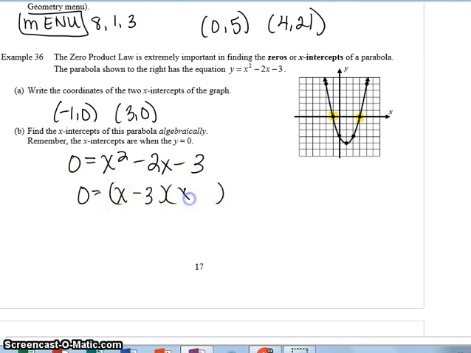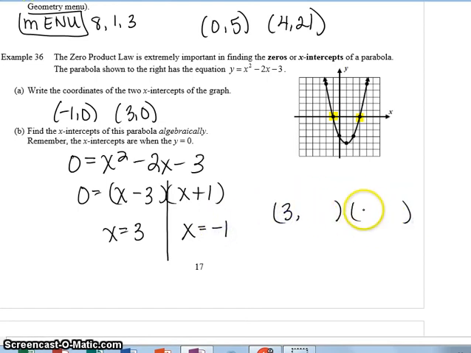It's x minus 3 and x plus 1. Split the middle. You get x equals positive 3 and x equals negative 1. Remember, those are the x coordinates only. You plug back in, and your y's are 0. So we just proved it algebraically.